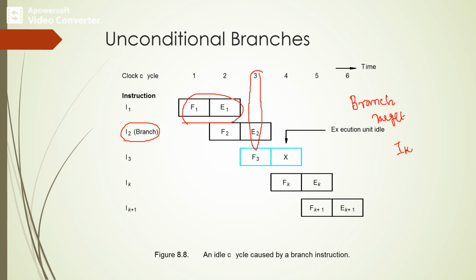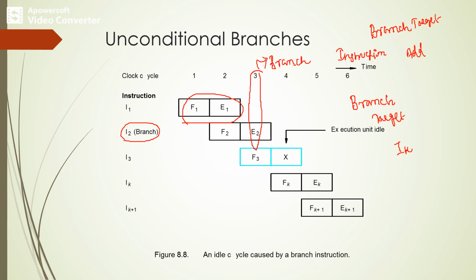At the same time, during clock cycle 3, the branch instruction will be decoded, and the branch target address will be computed here.